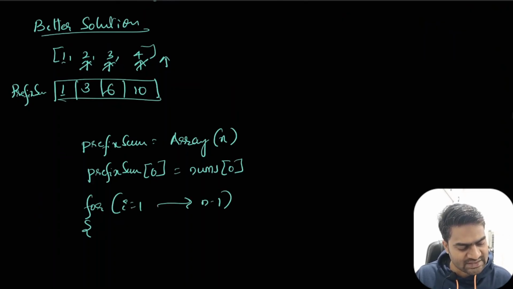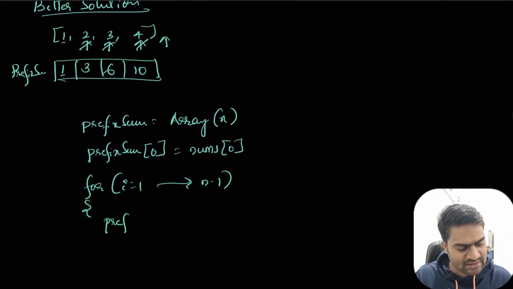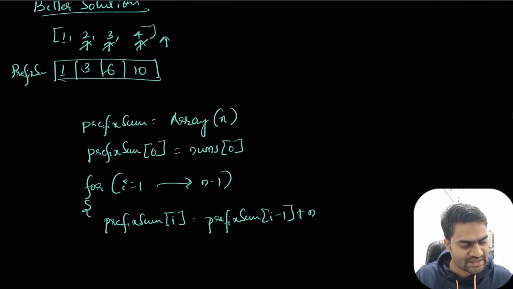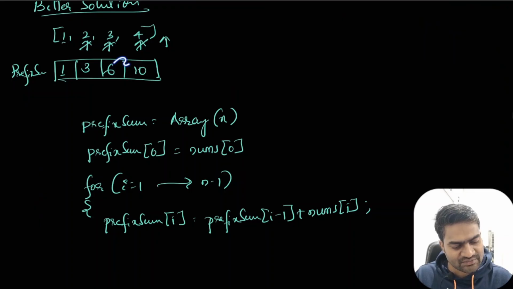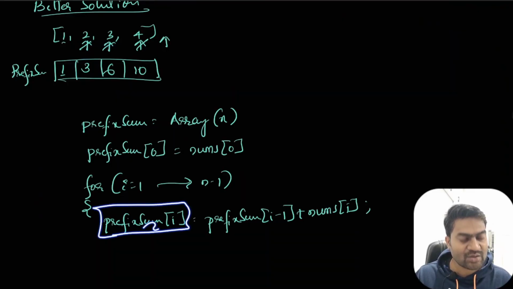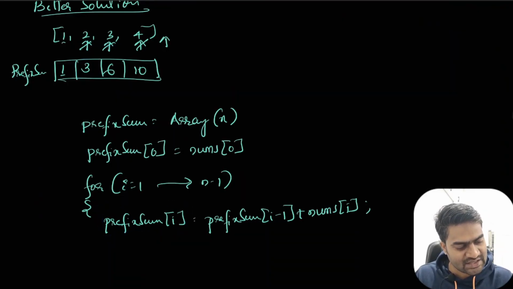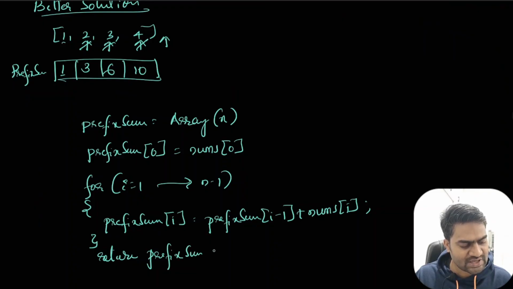I will simply say prefix sum of i equals prefix sum of i minus 1 plus nums of i. We considered the prefix sum and that particular number, added both of them, and placed that in prefix sum of i. With that, I will close this and simply return the prefix sum array.